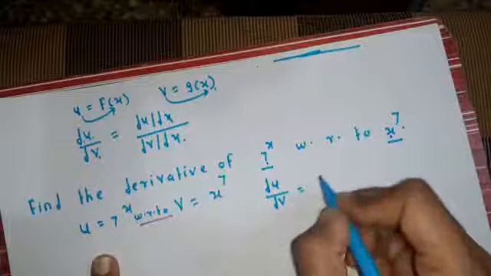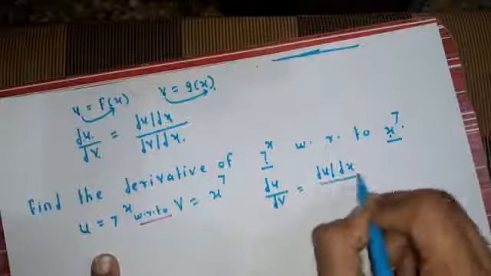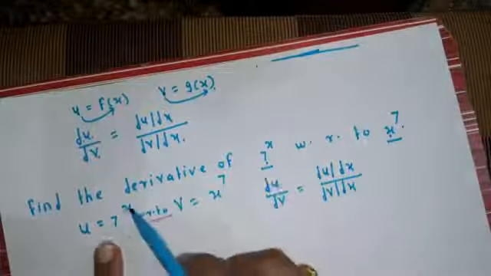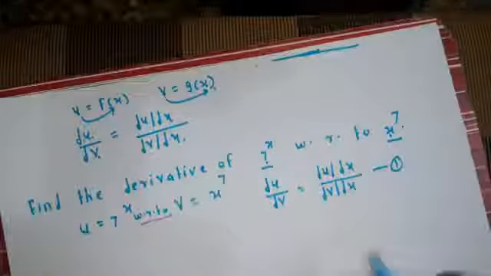And that we can find out by du by dx upon dv by dx. Why? Because u is function of x and v is function of x. Suppose this is 1.